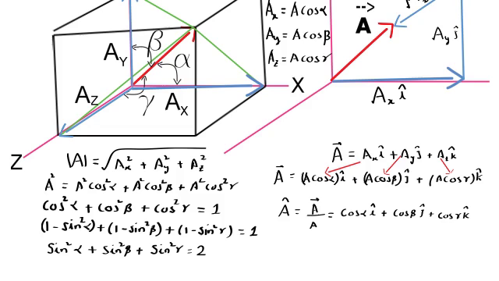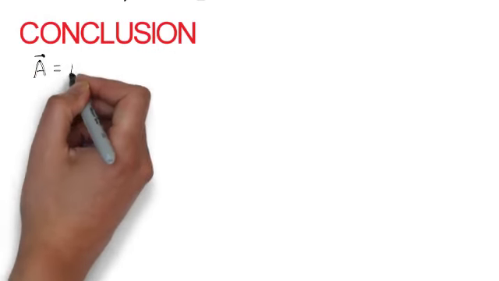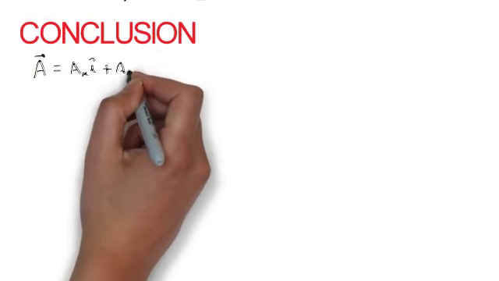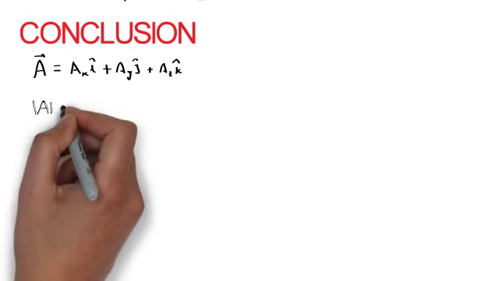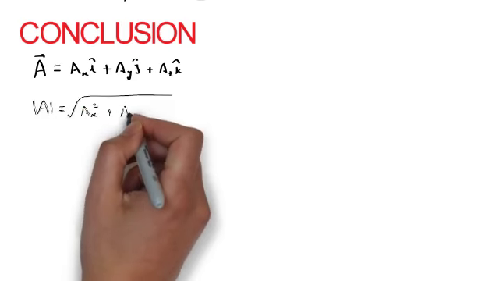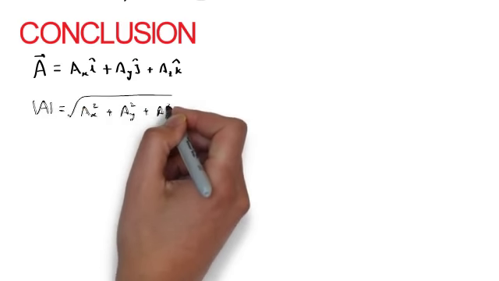So these are the results which we need to keep in mind while dealing with three-dimensional vectors. Just to summarize these once again: if any vector is given by A vector equal to Ax i cap plus Ay j cap plus Az k cap, the modulus of the vector will be A modulus equal to under root of Ax square plus Ay square plus Az square.